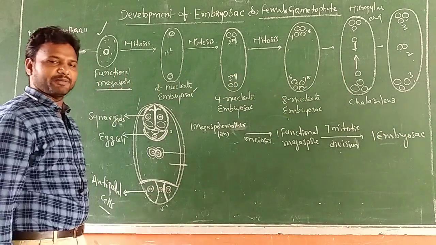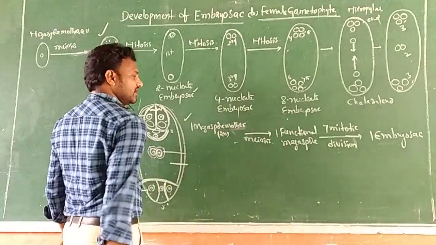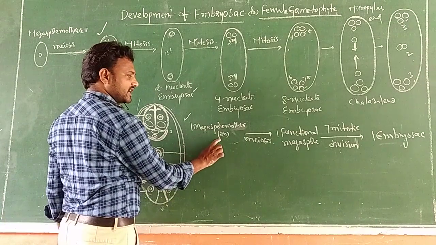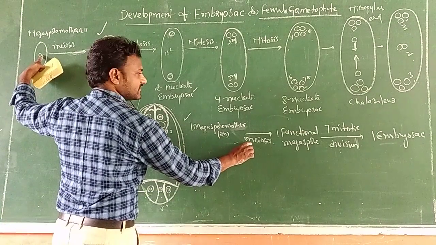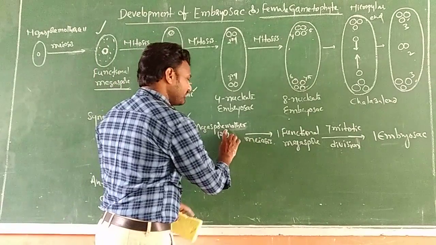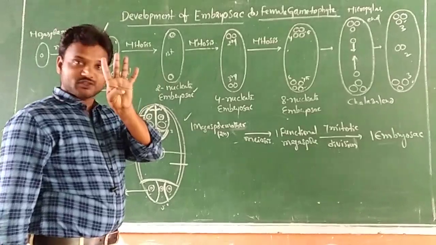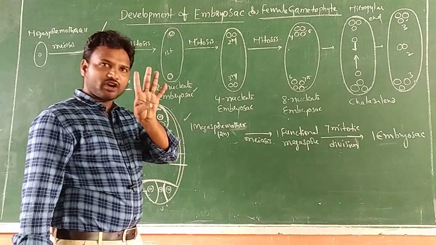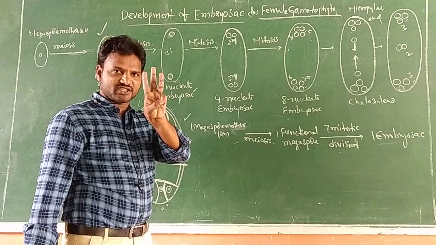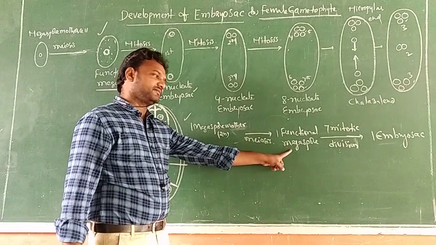Listen very carefully. Another bit, contribution of development. One megaspore mother cell undergoes meiosis. Formation of four megaspores actually. Out of 4 megaspores, 3 degenerate. Only one is functional.